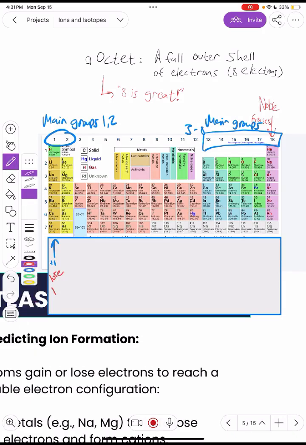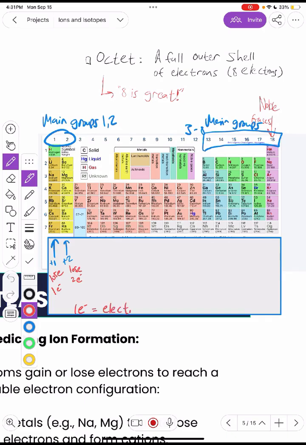Okay. Those are positive 2. They lose 2 electrons. Okay? By the way, E minus is a symbol for electron.